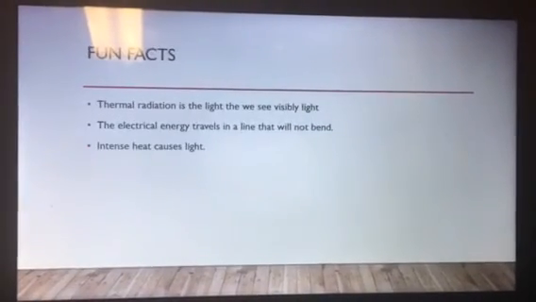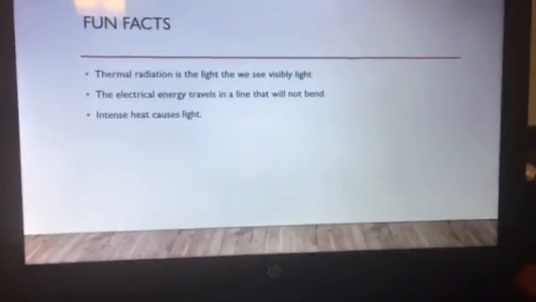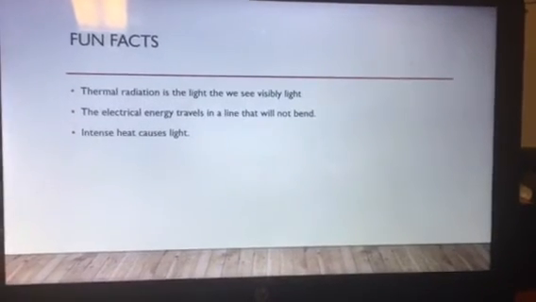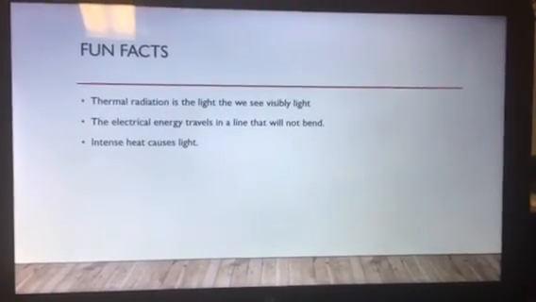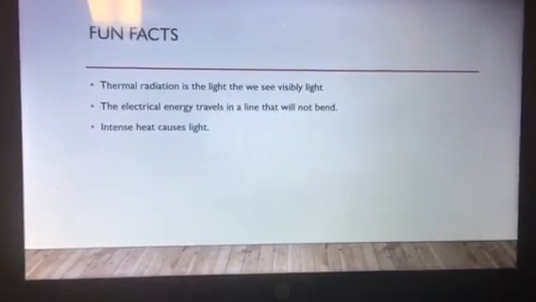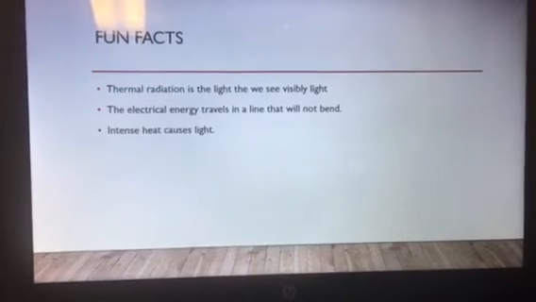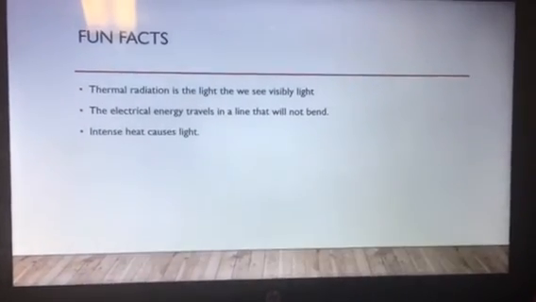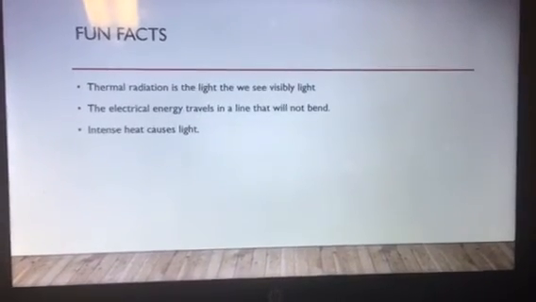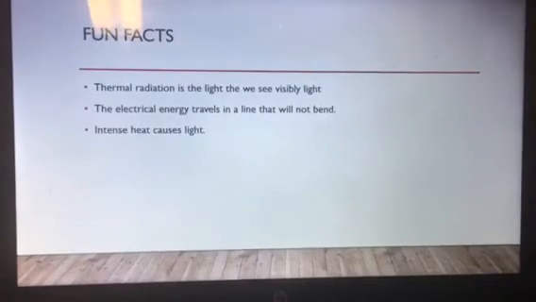Alright, next I have fun facts. The fun fact to me was learning that even though I've given all of that information about the sun and the core and the radioactive zone and the convective zone and the photosphere, I still found out that thermal radiation is the light we see visibly.